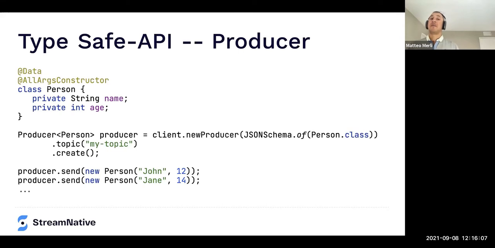Tomorrow I might add some fields and it will be a different version, but that happens organically, transparently to the user. So I'm declaring my producer with this Person type, and then I can just send objects to it, and they get serialized and published. Eventually everything is published as bytes on the wire, so everything has to go down to bytes.